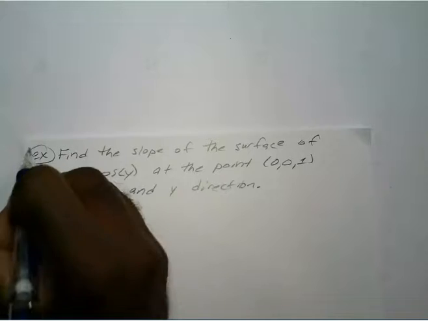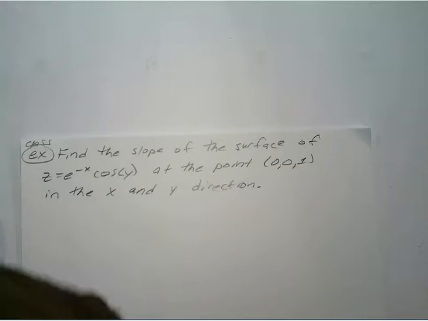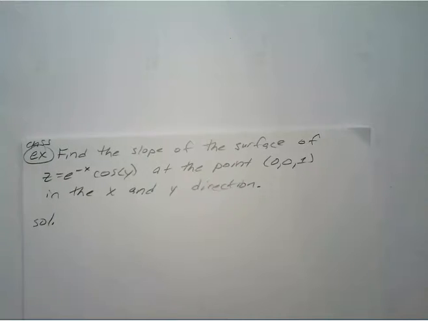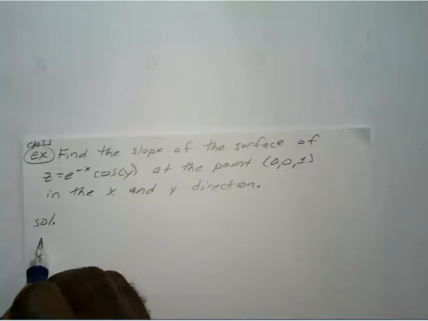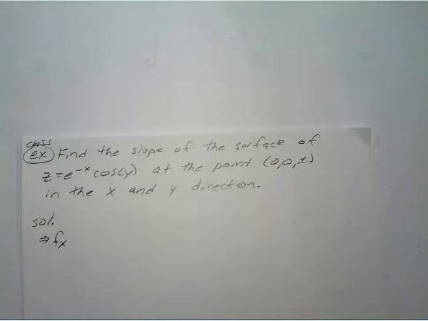Alright, so what I want you to do is press pause and try to solve this one on your own. Alright, so assuming you've pressed pause and worked this one out, let's just verify your answer.